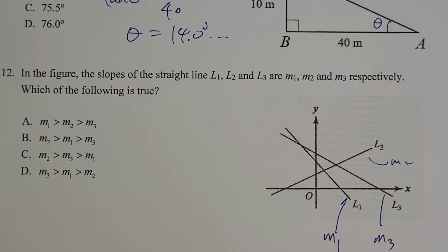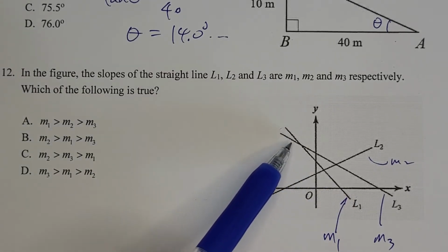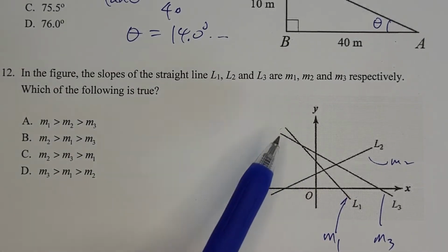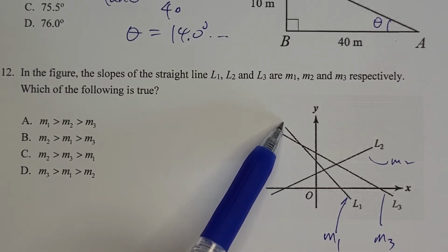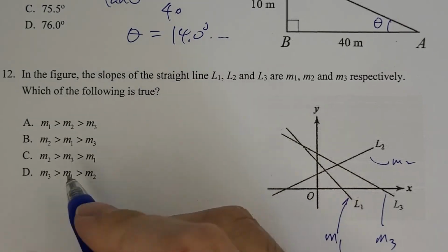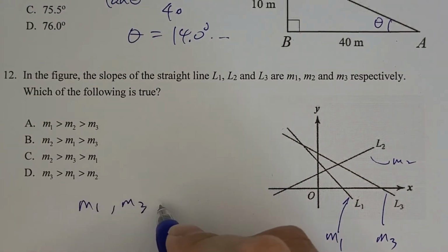First of all, think of the sign of M1, M2, and M3. You can see that M1 and M3 are negative because their straight lines are moving downward from left to right.